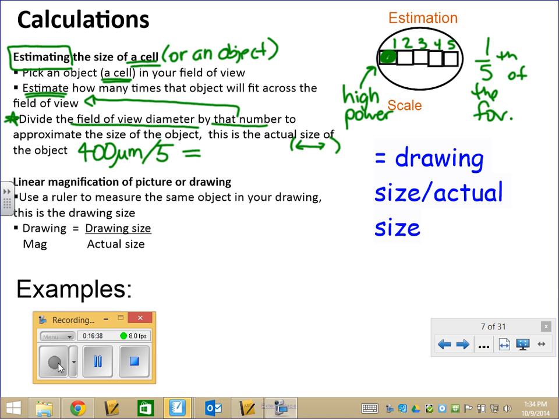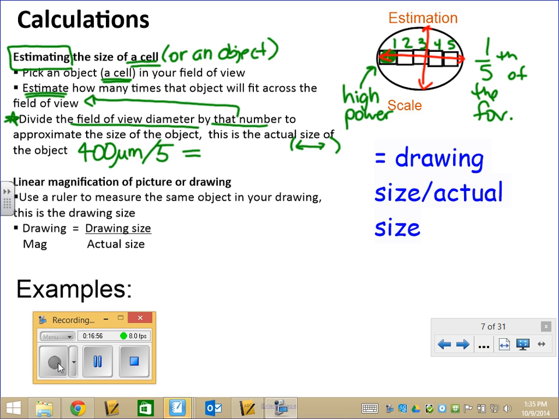Keep in mind that diameter can be anywhere on the circle. As long as you're going from one side completely to the other, a circle has the same diameter all the way around. But most of the time, we're going for the width, unless we say otherwise.